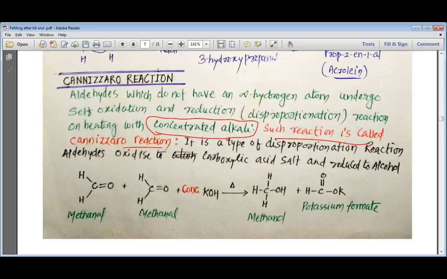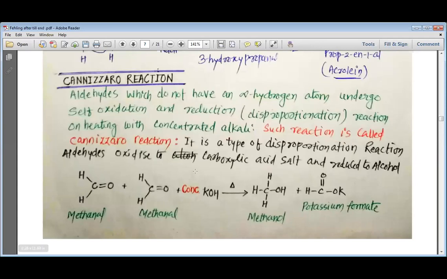So remember, those compounds which do not have alpha hydrogen or alpha carbon give this Cannizzaro reaction. That means methanal and benzaldehyde are definitely going to give the Cannizzaro reaction. So we will study their Cannizzaro reaction. During the Cannizzaro reaction, my dear students, this methanal or benzaldehyde, once oxidized, is another time reduced, and that is why this is a reaction where disproportionation takes place.